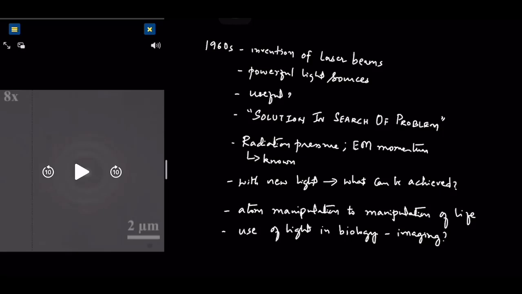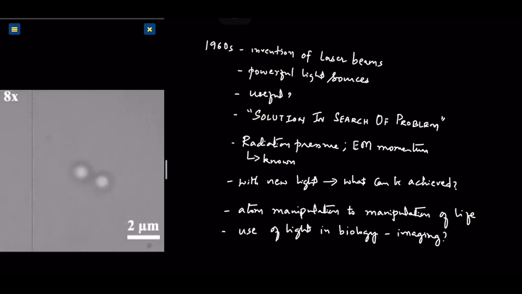So let me start with an interesting video here. As you can see, there is something very spectacular about this particular video. What you're seeing here is some colloids getting trapped thanks to an optical beam. This configuration is generally called an optical tweezer.